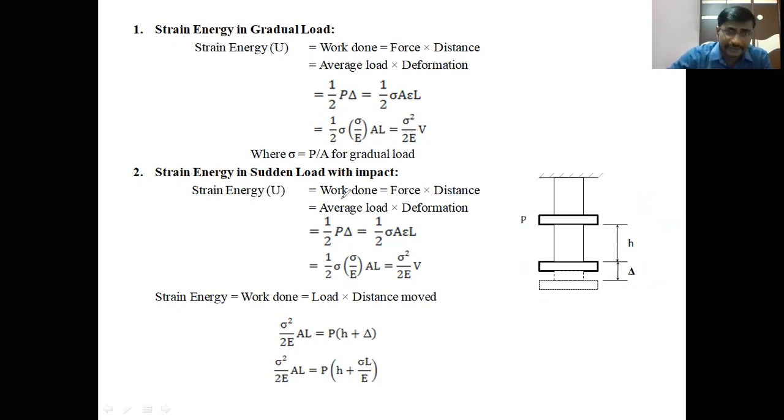So in this case, strain energy is equal to work done. How much work is taking place by the load on the member? Work done is equal to force into distance. How much force are we releasing? P is the load, the force being released. Here also we are going to take the same formula.